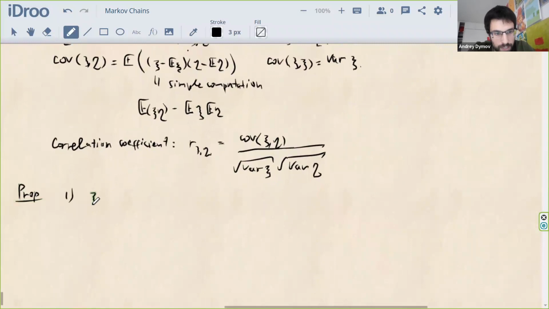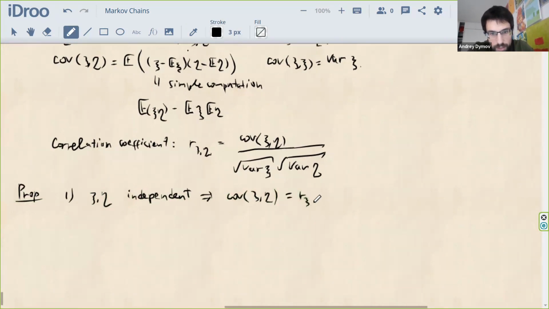First, if psi and eta are independent random variables, then their covariance, and of course their correlation coefficient, equals zero.